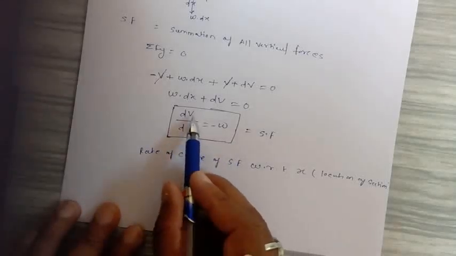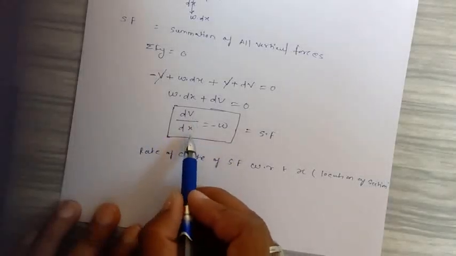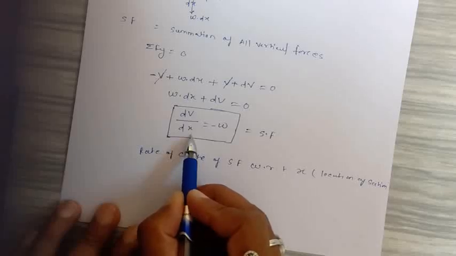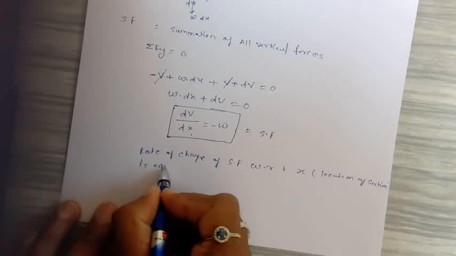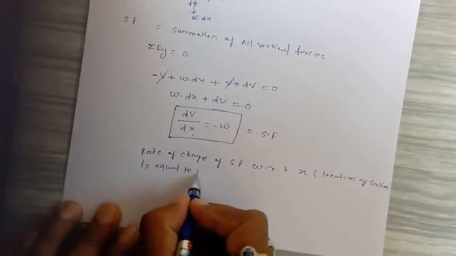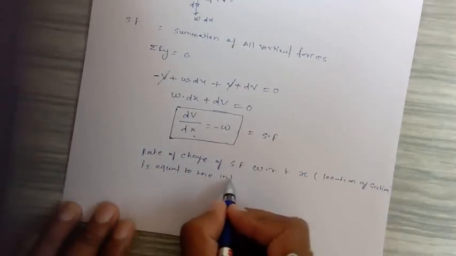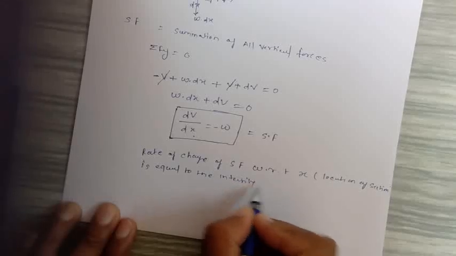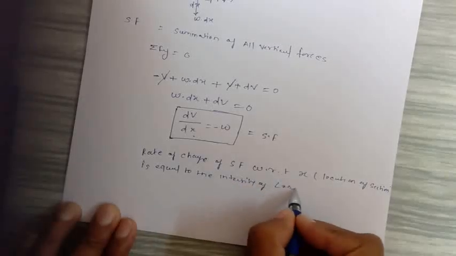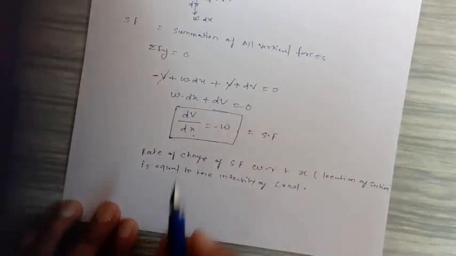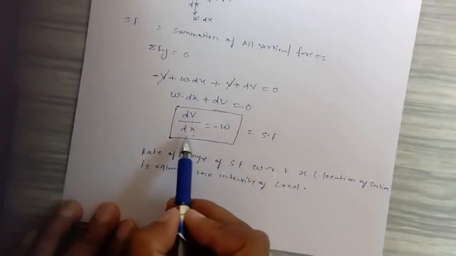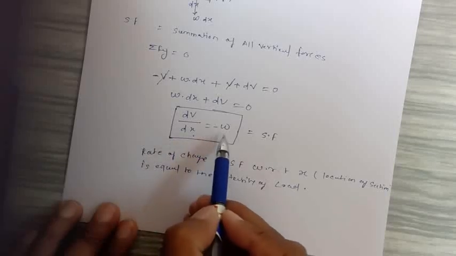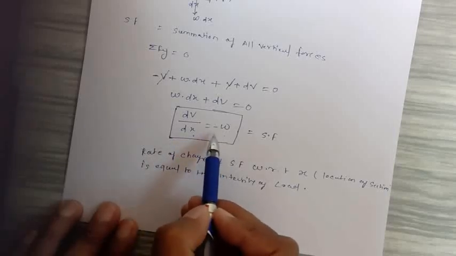This rate of change of shear force with respect to x is equal to the intensity of load. Means dV is the rate of change of shear force with respect to x, equal to the intensity of the load.